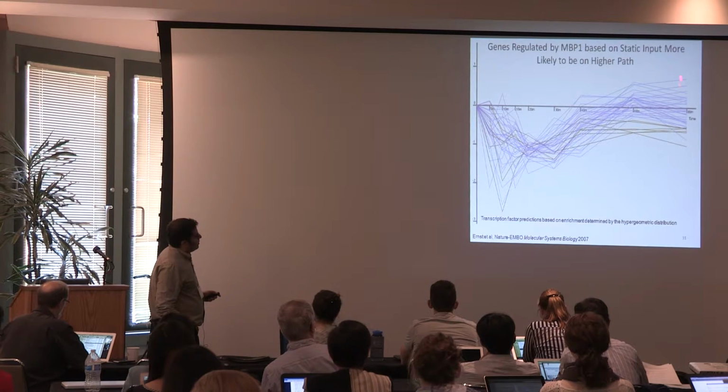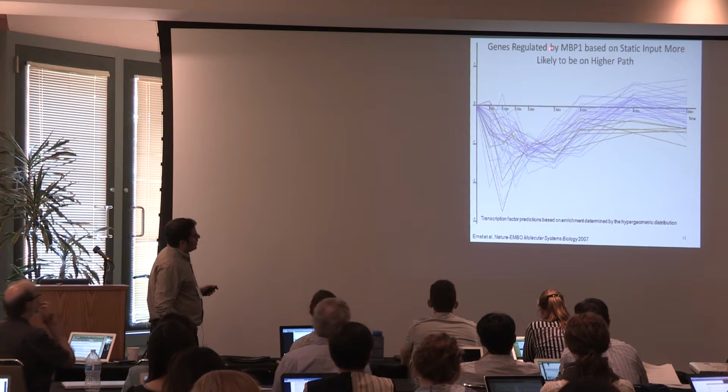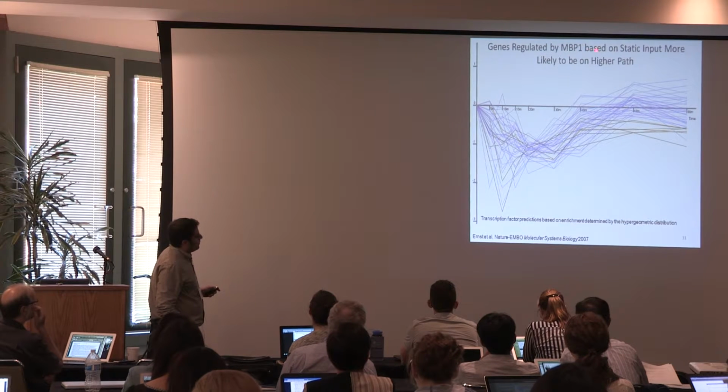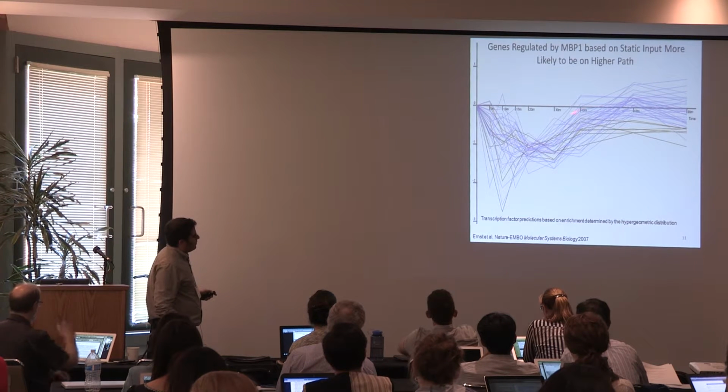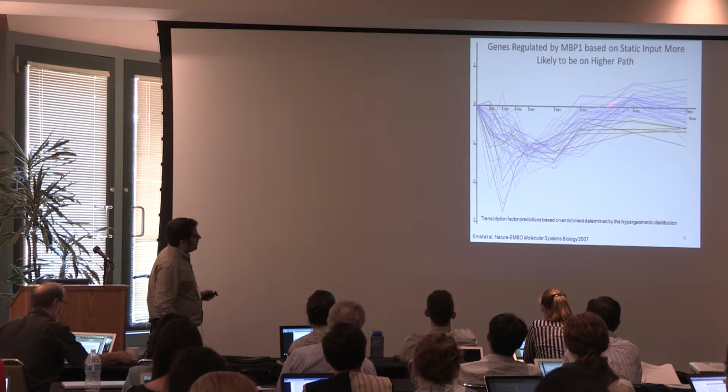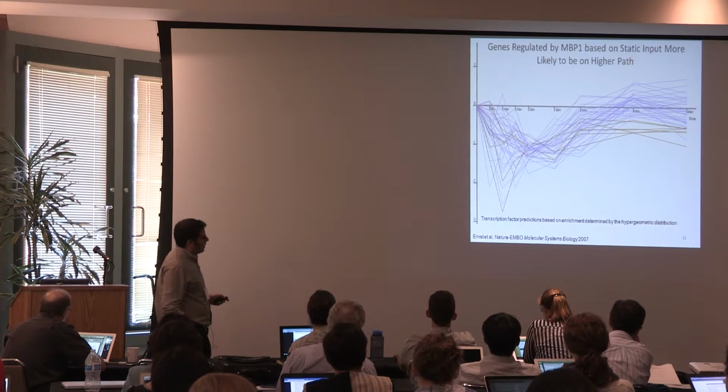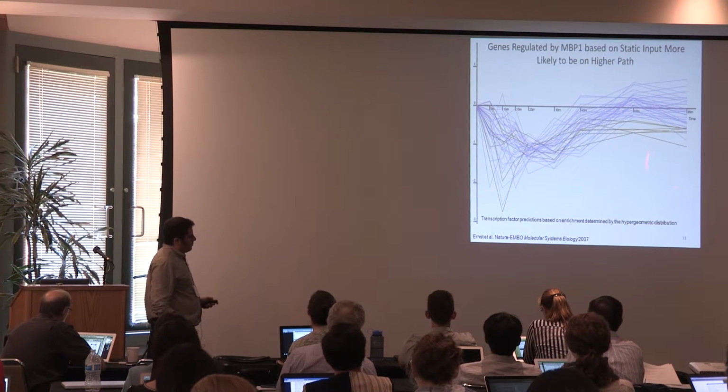What I'm showing you are the genes that are regulated by MPP1 based on the static transcription factor gene interaction input data. And you can see most of them are on this higher path.